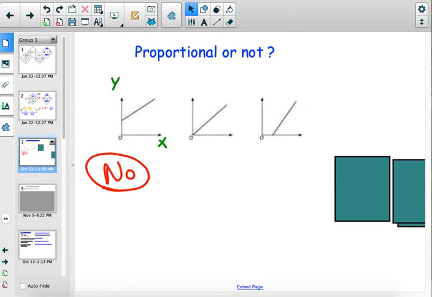Good. Last one. That one, proportional? Yes. John McKenzie, you're right. All right, why is this one not?